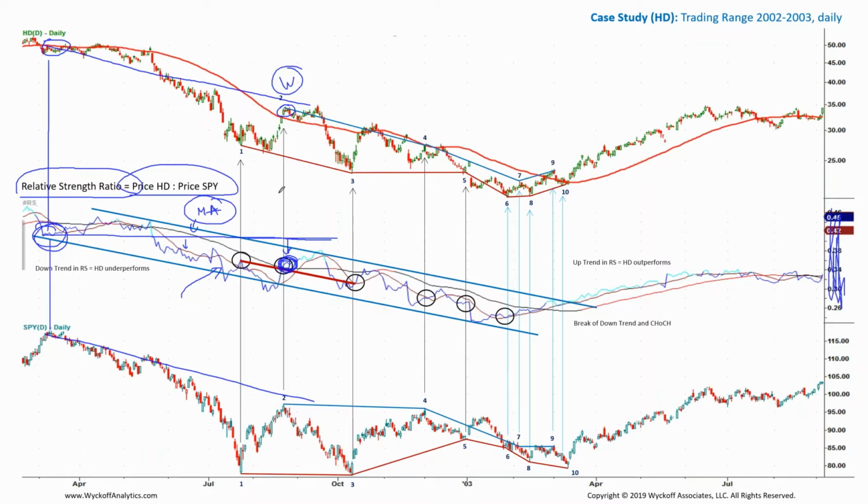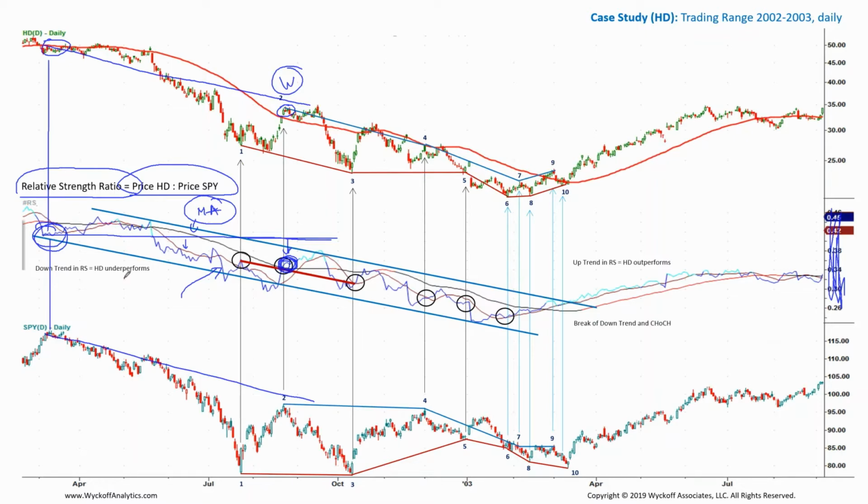So you're going to apply the same tools, the same trending tools or oscillating tools that we would use in our price trend analysis.